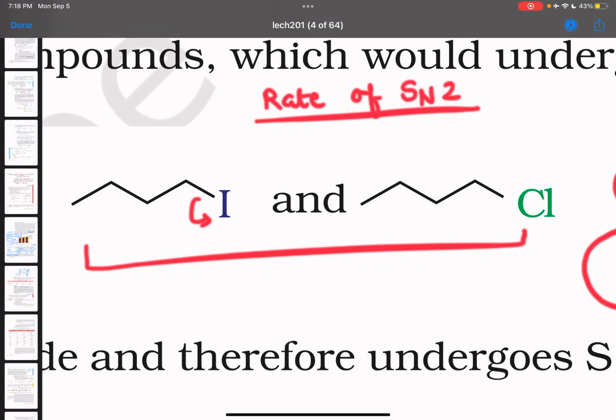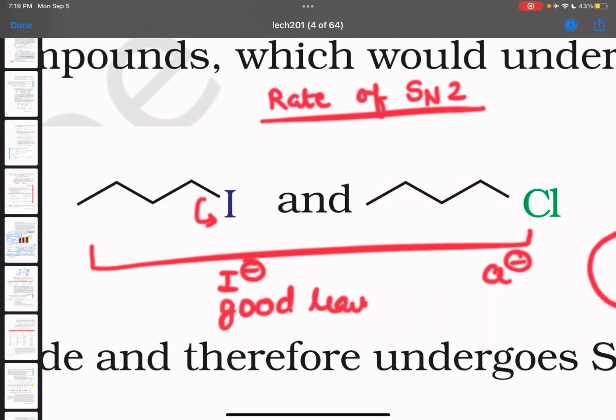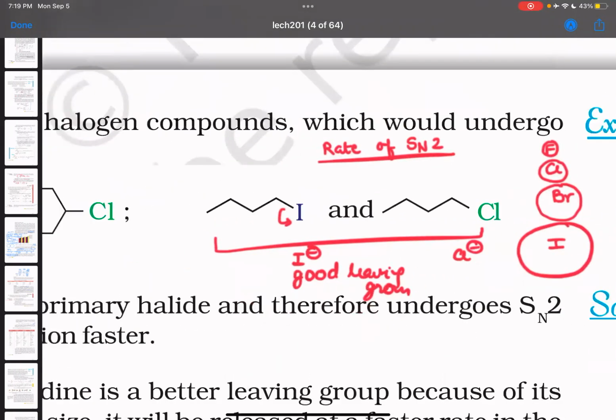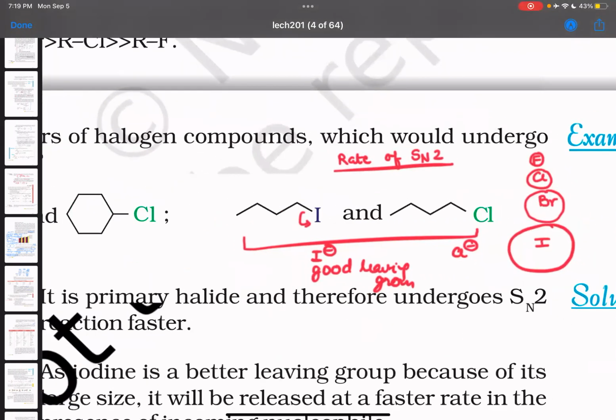And I minus is very stable as compared to Cl minus. Both have a minus one charge, but that minus on a very big atom doesn't create any problem, whereas minus on a very small atom leads to an increase in potential energy. So that is a good leaving group also. It can come out very easily, and the bond is also weaker. Absar and Rayan, is it clear or not?